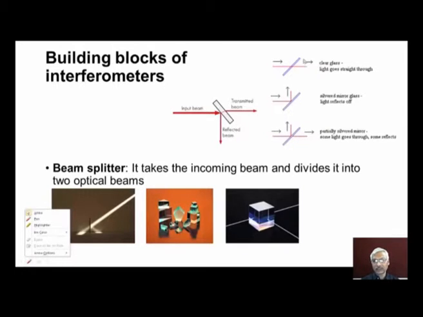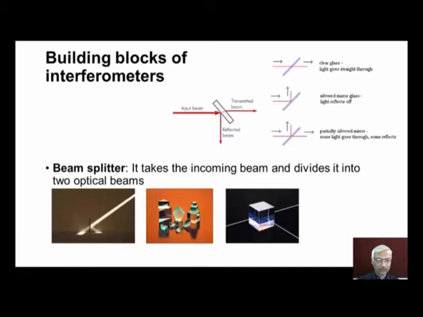Now here we can see a clear glass, and the light will easily pass through that, and this clear glass plate will not act as a beam splitter. And here when the glass plate is coated with silver, part of the light or full light is reflected. Now when the glass plate is partially silvered, part of the incident ray is reflected, and part of it will pass through the glass plate.